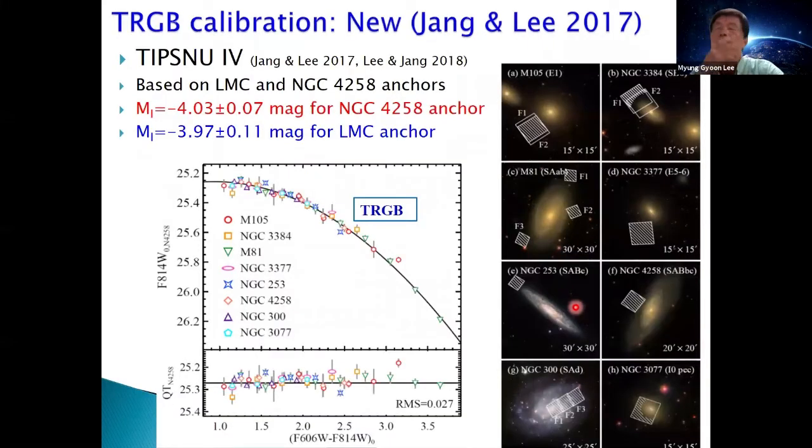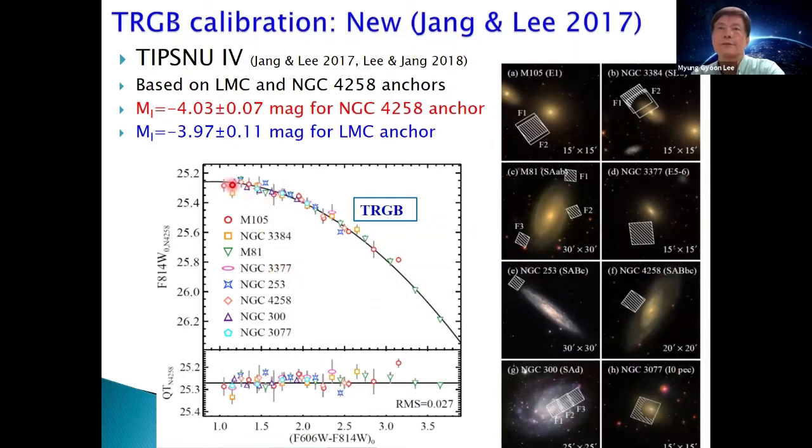But later, around 24 years later, we presented a new calibration of the TRGB. Here, we used around 8 galaxies of different types with different star formation histories, using HST images. We combined all those galaxies into a single system like this.